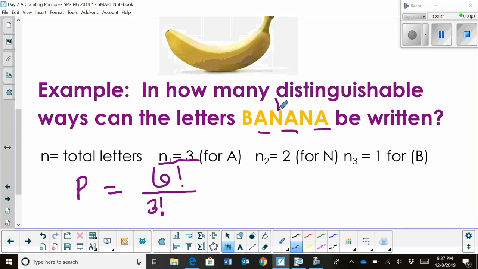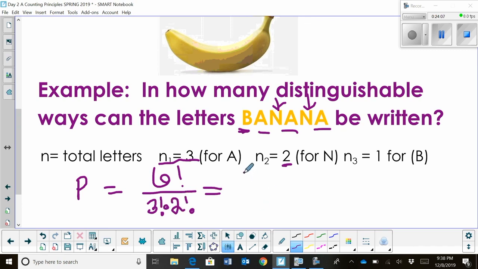Then N, it occurs twice. So I have to divide by a 2 factorial because it occurred twice. Now, the B I don't really have to worry about because it's 1 letter and it would be 1 factorial. So that's just 1. So I've got to take 6 factorial divided by 3 factorial and divided by 2 factorial.